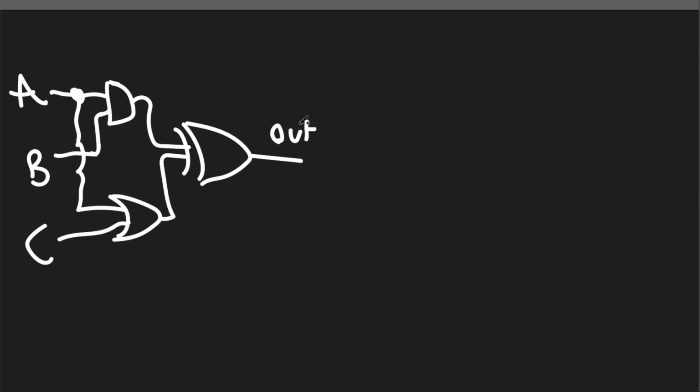Okay. Now that we have this picture drawn, we need to figure out all the possible combinations of inputs that create outputs. Most people will just draw a truth table.